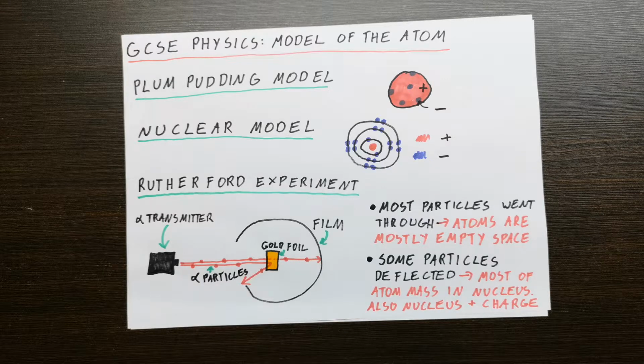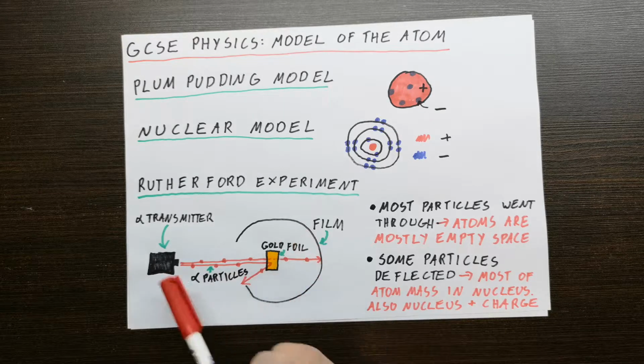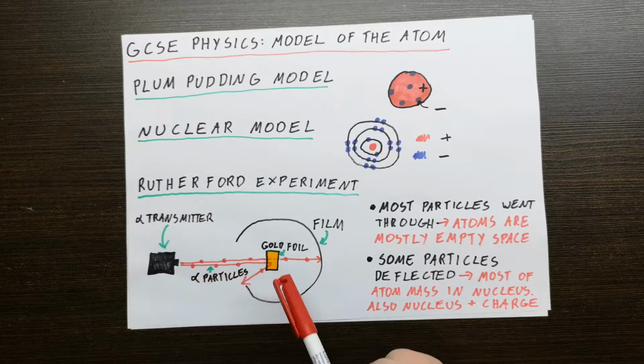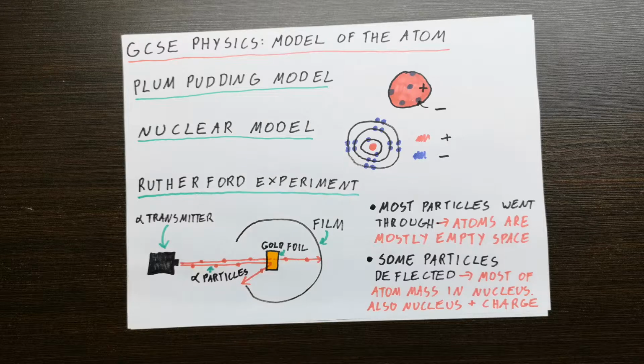So we know exactly whether the particles went through, whether they were deflected, and by what angle. It's a relatively simple design compared to some of today's experiments, yet this experiment taught us a lot.